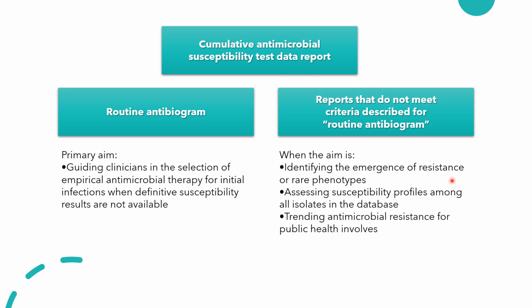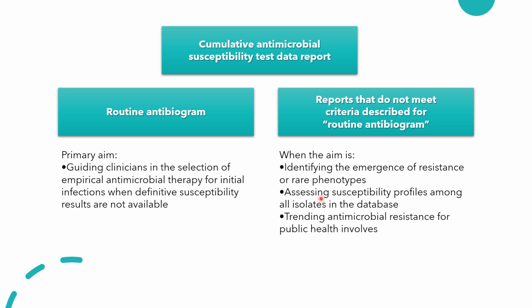We can identify the emergence of resistance or rare phenotypes, because in antibiogram reports we do not identify the resistance patterns. We give the percentage of susceptibility, and we are going to see this in the coming few slides. So if we can show from the available data that there is an emergent resistance or rare phenotypes, this is outside the routine antibiograms used.